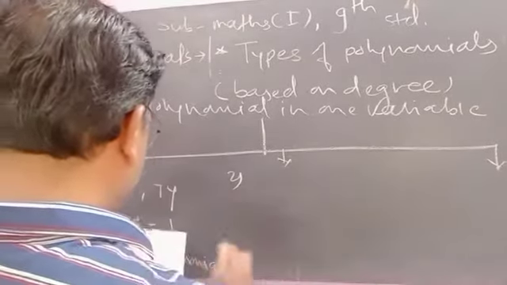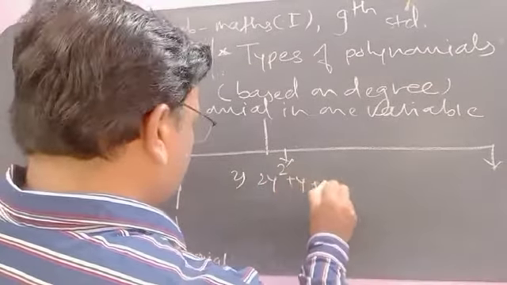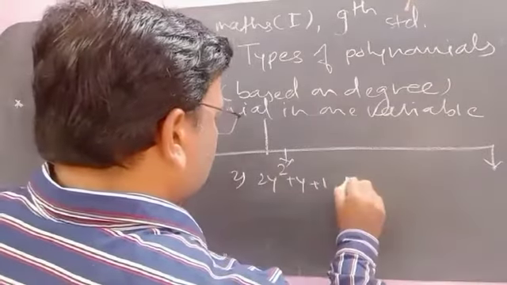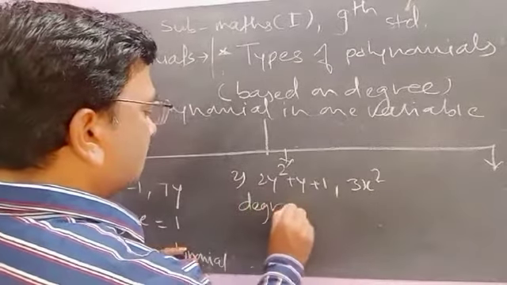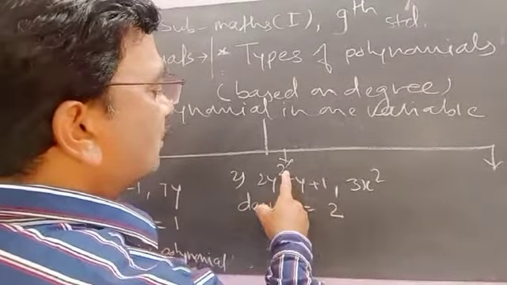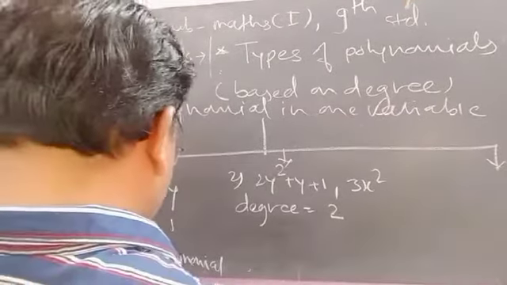Second type: 2y square plus y plus 1, 3x square. The degree is 2. Here the maximum power is 2. Therefore, it is a quadratic polynomial.